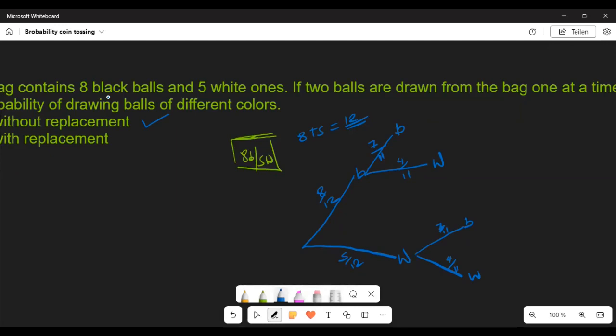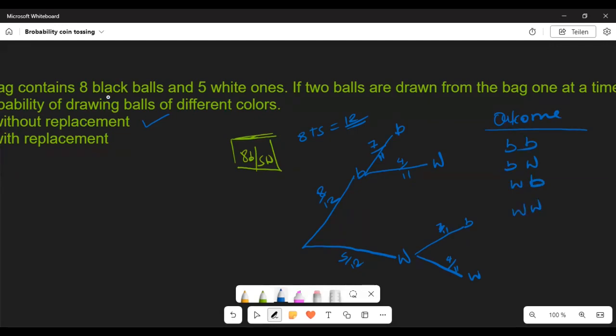Okay, so after having this, now we want to check what our outcomes are. If it is all black, we're going to have black and black. Otherwise we have black and white, or we have white and black, or we have white and white.